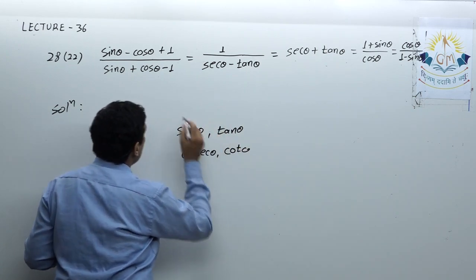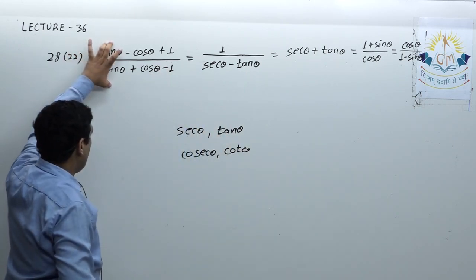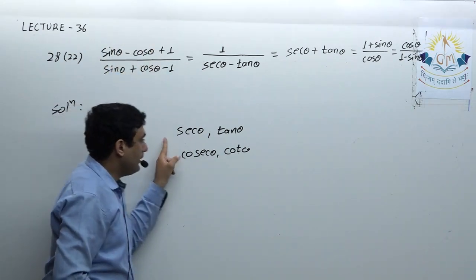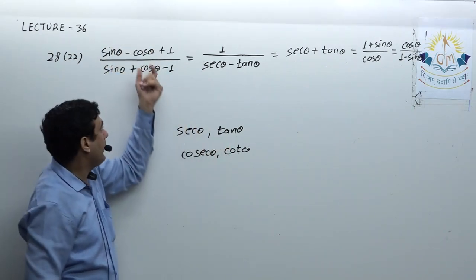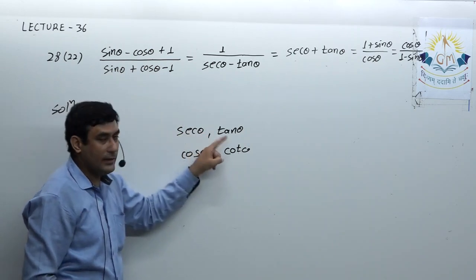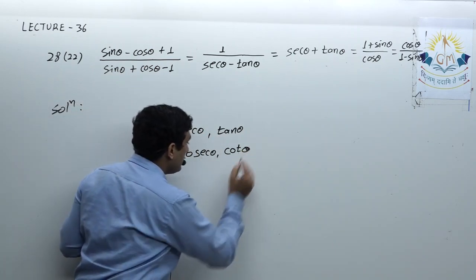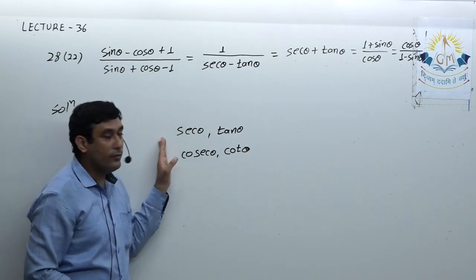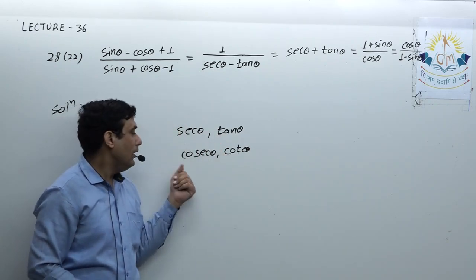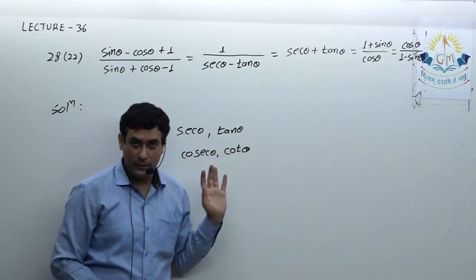Okay, we have to convert the given expression either in sec theta tan theta form, that means express the given expression in sec and tan form, or cosec and cot form. Now the first thing is how we get to know whether we have to go with sec tan theta or cosec cot theta.